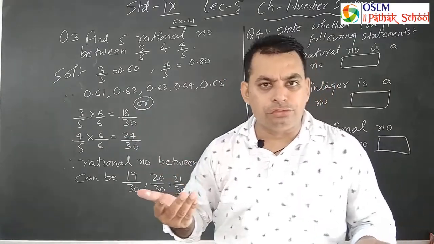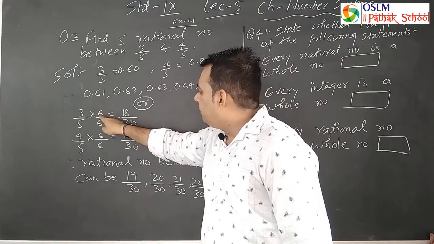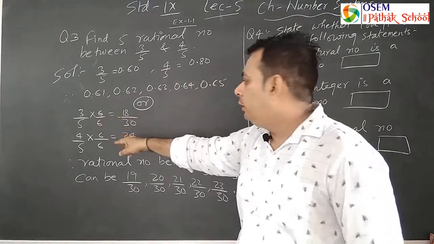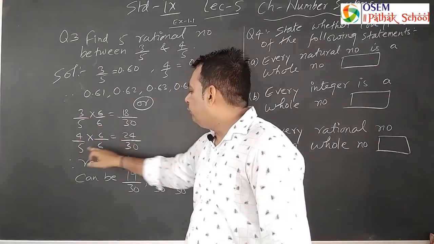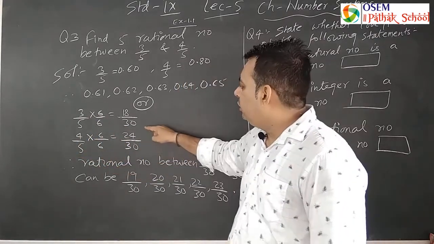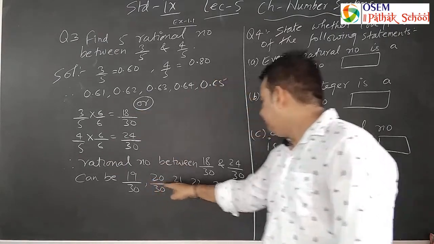It can also be like that. And like the other method, how many numbers do we have to find out? 5. 5 plus 1, 6. Multiply 6 with both parts. 6 3s are 18, 5 into 6, 30. 6 4s are 24, 5 into 6, 30. The rational numbers between 18 and 24. 5 numbers we have to take out.